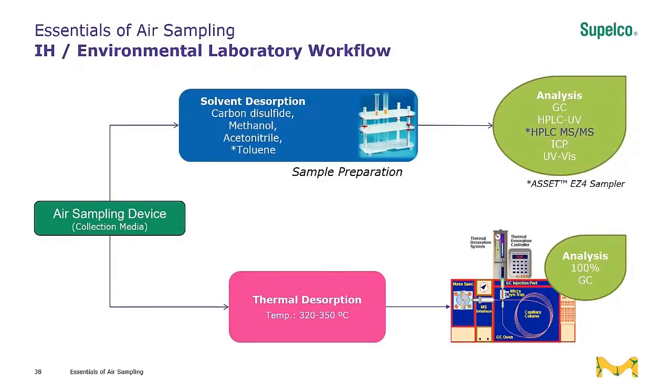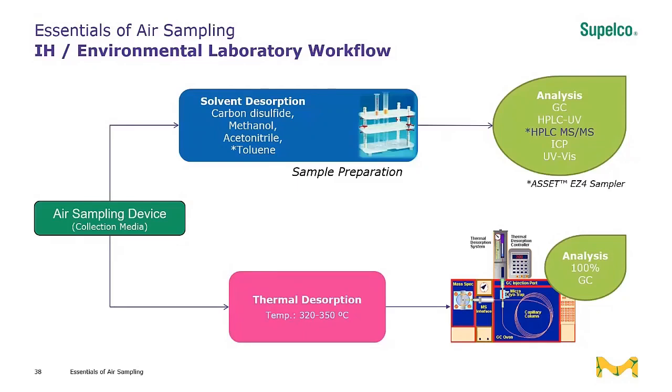Once the air sampling device reaches the laboratory along with the sampling information, which includes the sample location, time, and volume, the air sampling device, if it requires solvent desorption, goes through the solvent desorption step, and it's prepped for analysis in the instrument. Any sample that's desorbed with carbon disulfide and methanol will typically go through a GC analysis with any number of detectors that is specified in the method.